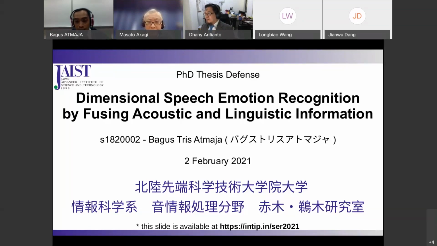Coincidentally, they also propose this fourth dimension, expectation or predictiveness, and in a previous emotion challenge they also adopted it. They give the levels of predictiveness, which is similar to expectation.